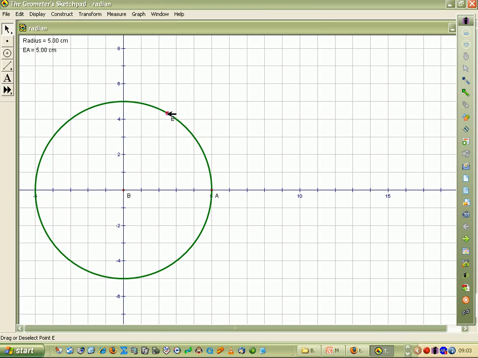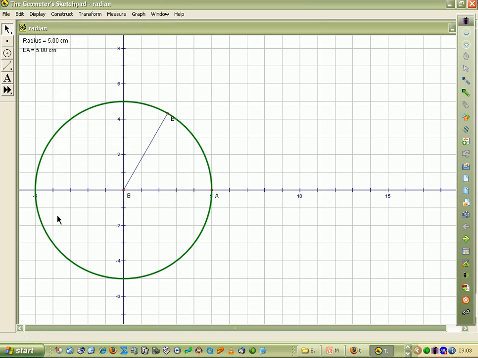That's 5 centimeters. So I've got an arc length here that is the same length as from B to A, the radius of the circle. Now I want to join B and E with a segment.